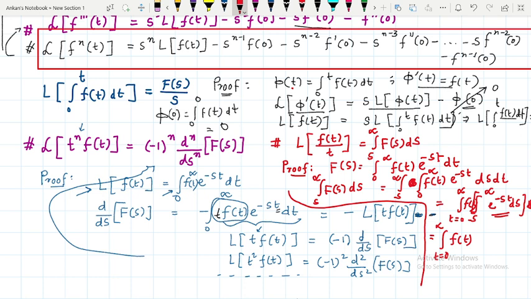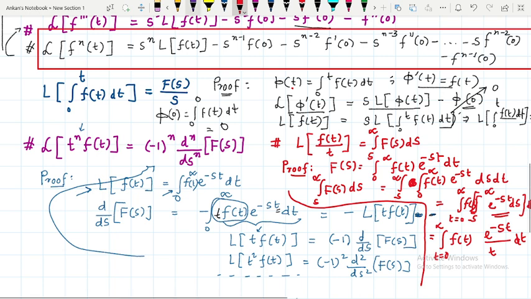By putting infinity, e^(-infinity) will result in 0, minus of e^(-st) by t will be obtained, so plus e^(-st) by t will result from this integration, and this will become dt.